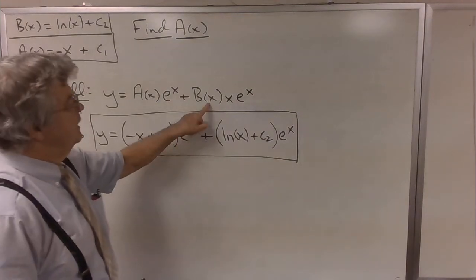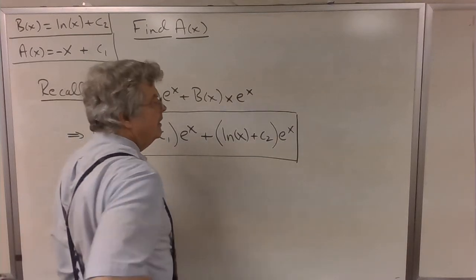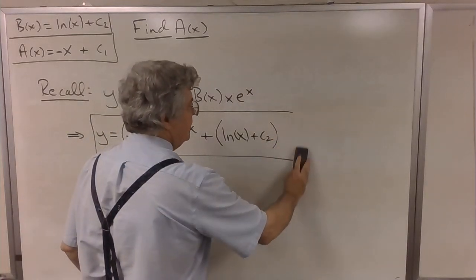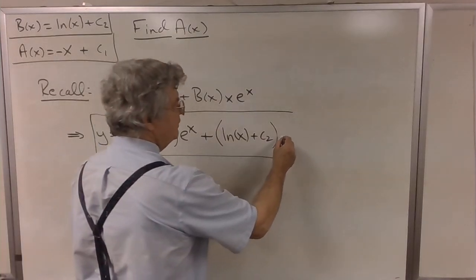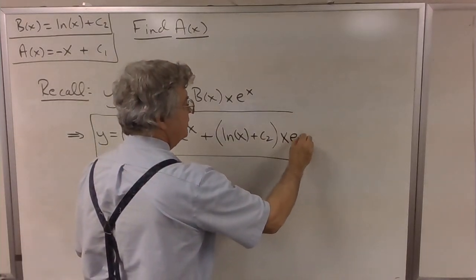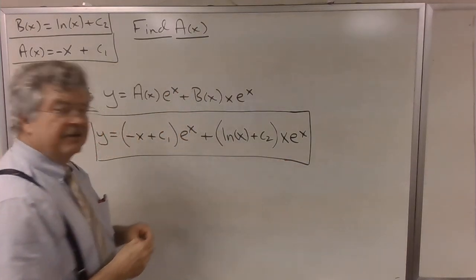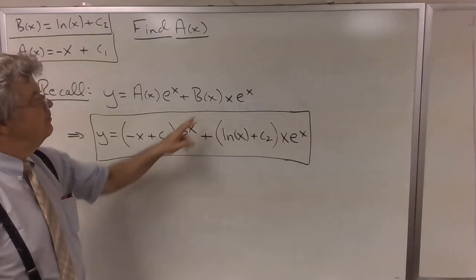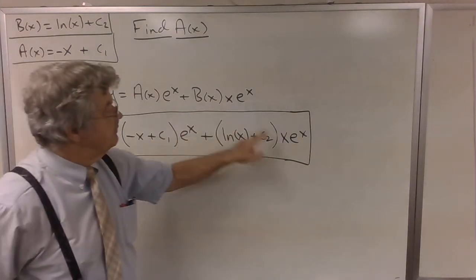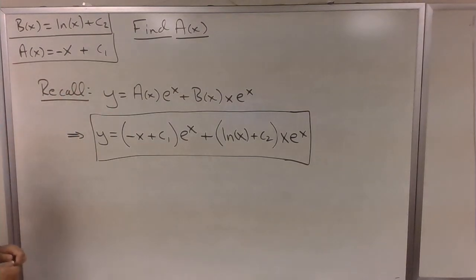Let's see, b of x, x e to the x. Oh, you people, you're letting me get away with murder. When I make a mistake, why don't you raise your hand and say, Dr. Rossi, did you really mean to do that? And my answer will be, probably not. B of x, x e to the x. Okay, that really is our solution.